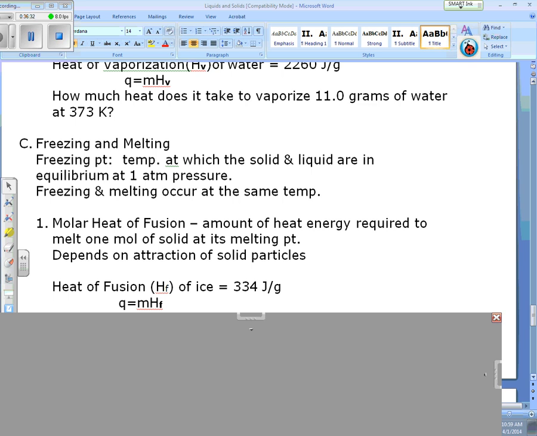Because here, this might blow your mind, wait for this. Ice does not make your drink cold. Your drink makes your ice warm. There is no such thing as adding cold. It's only the addition or removal of heat.